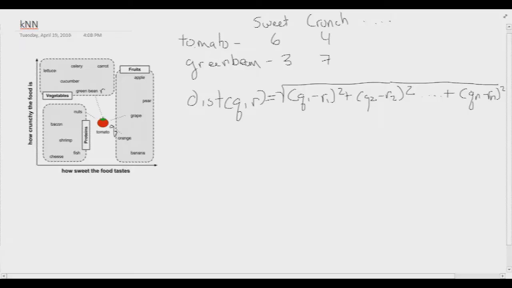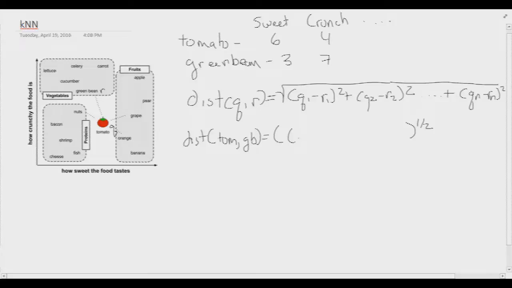Alright, so we have two features here. How about we calculate what the distance is? So the distance of a tomato to a green bean. Okay, so to the power of a half.